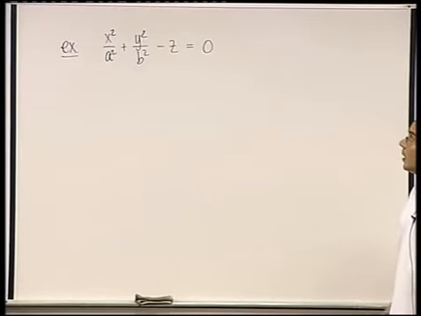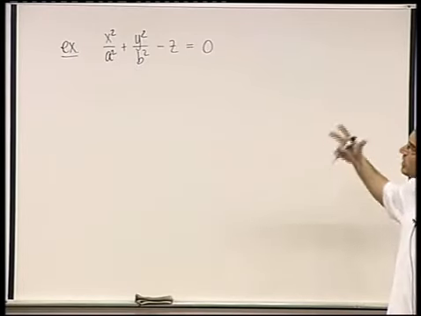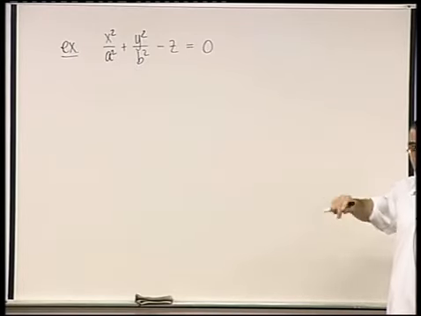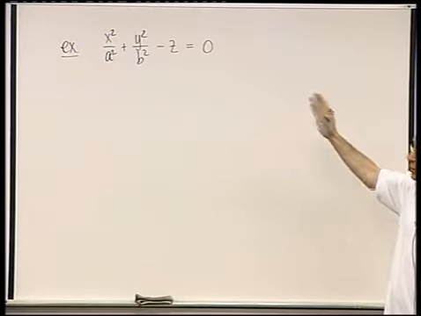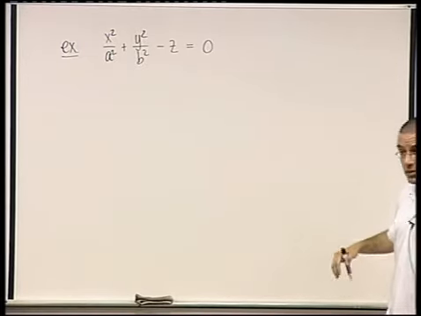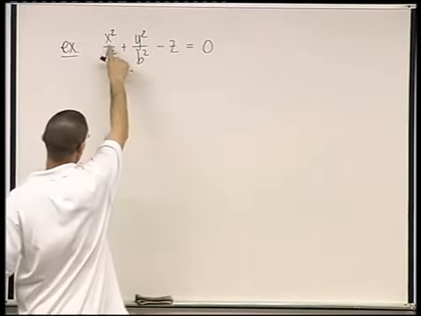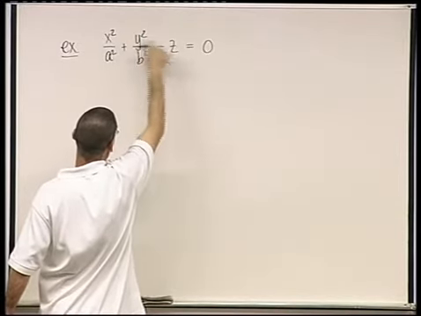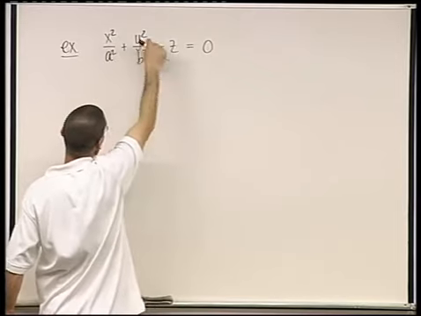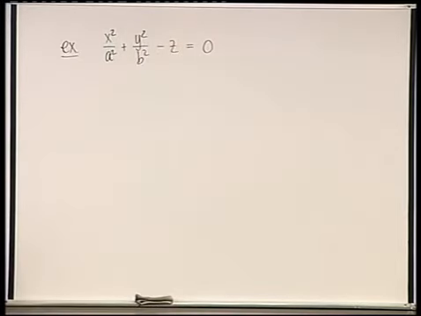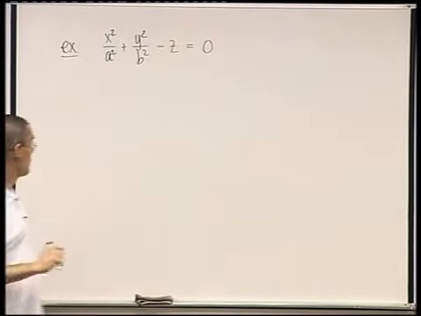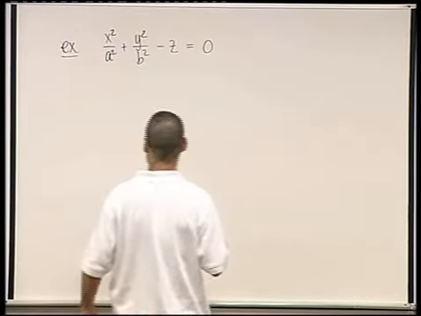So what we want to do is decipher this. We want to figure out, what does this surface look like? It's the very first example we have of what's called a quadratic surface, because all the powers are at most 2. Okay. So let's try to figure out what this looks like.